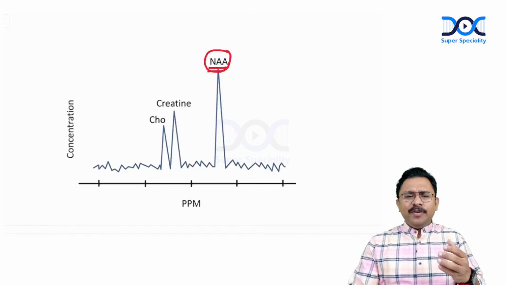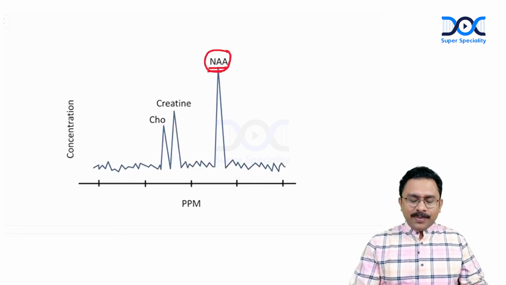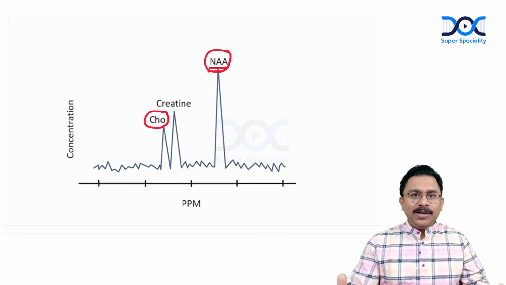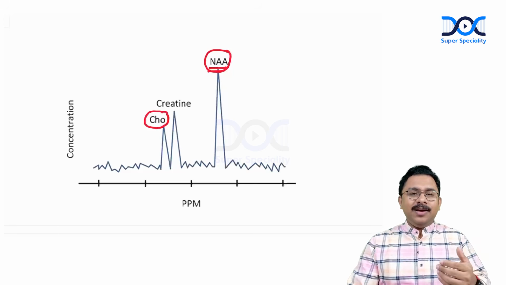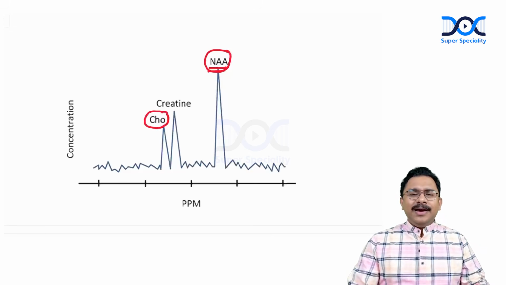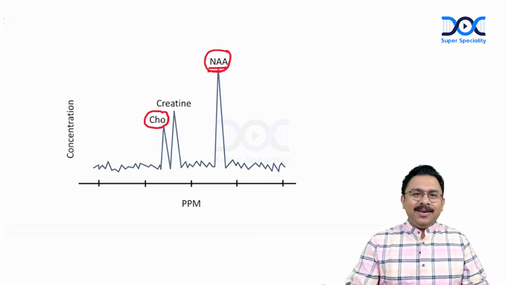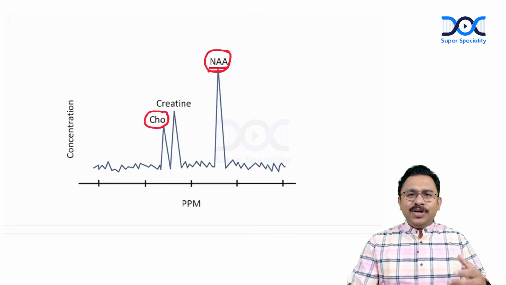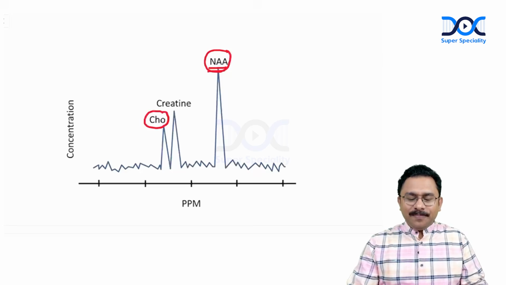So for example, in neurodegenerative disorders, NAA will be reduced. Choline is a marker of cell turnover, so in gliomas you can have an elevated choline peak. Similarly, you have other peaks like lipid, lactate, myoinositol. Each of these peaks confers a meaning.